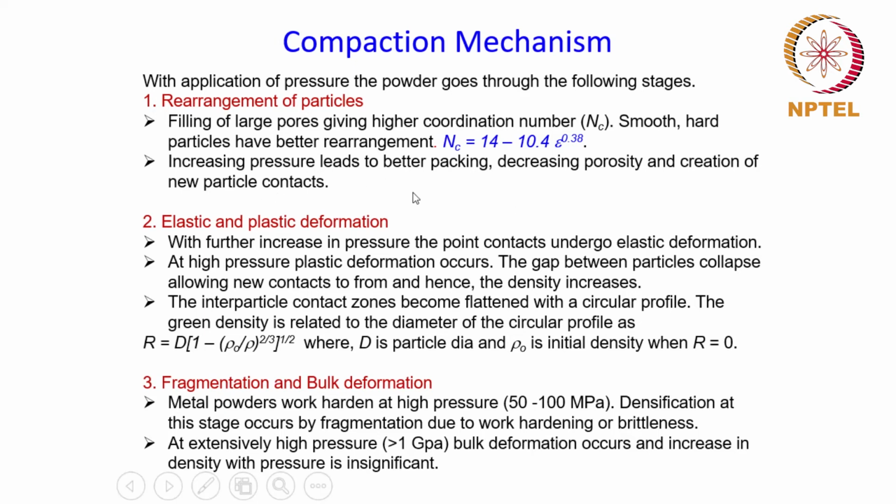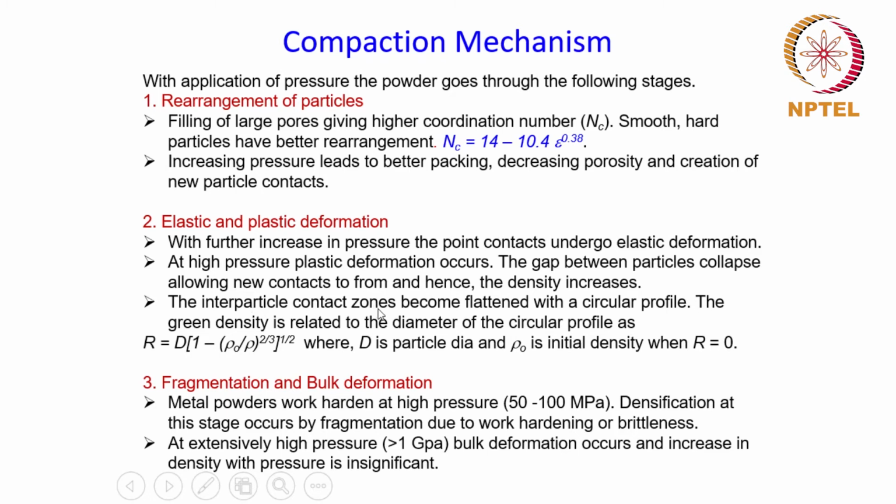Now once the rearrangement has happened, then as you apply the pressure, the deformation process will start, and this will primarily first start at the contact points, which will undergo elastic deformation. As the pressure is increased, at high pressure, plastic deformation will occur. And the gap between particles will collapse, allowing new contacts to form, and hence the density will increase.